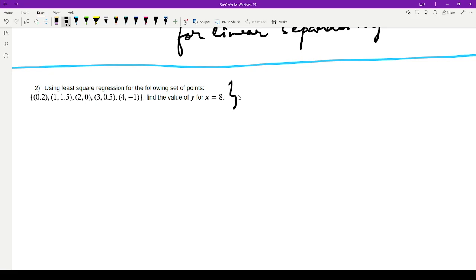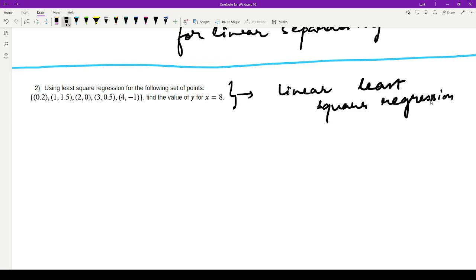Here we are doing a linear least squares regression. Linear means we will fit a line, since we have 2D data. So 2D data, linearity implies we'll fit a line. Okay. So how to proceed? Can anyone tell?